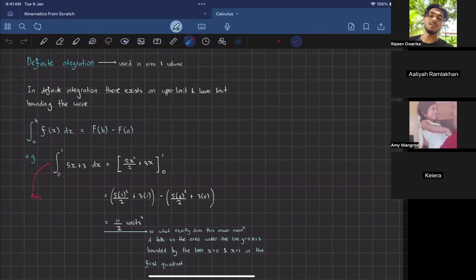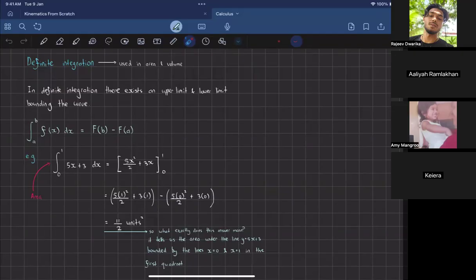If I integrate velocity, what again? Displacement. If I differentiate displacement, what would I get? Velocity. Yeah. Okay. Cool. Aliyah and Kiera, let me know when you have everything copied down.